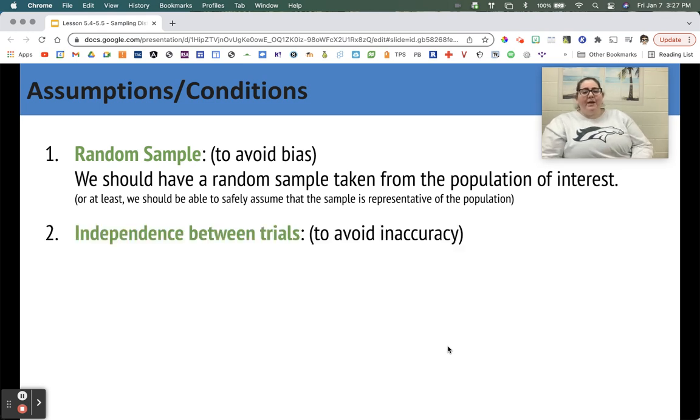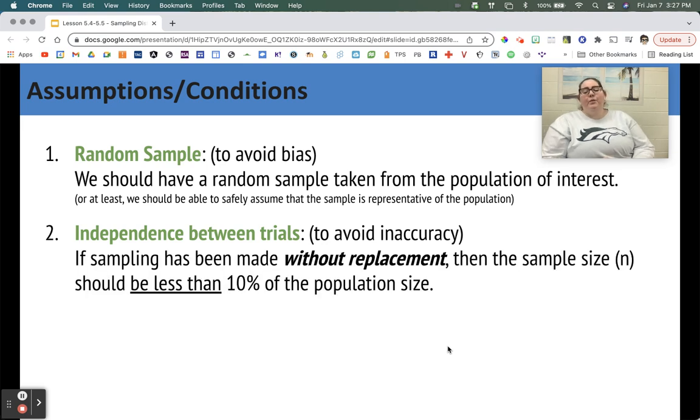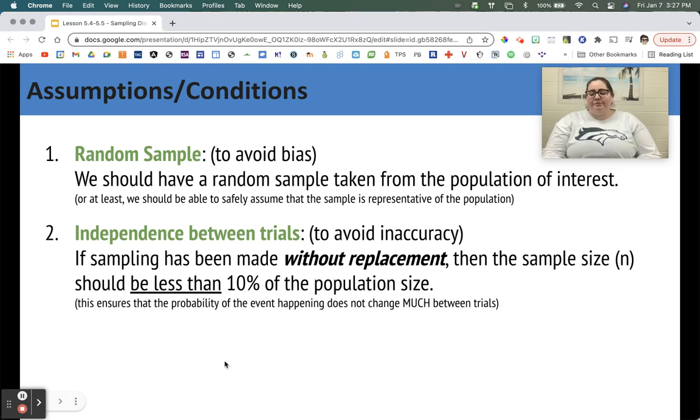The second is that we have independence between trials, meaning that if we are sampling without replacement, the sample size is less than 10% of the population size. We've talked about this a couple times before. This is just making sure that as I'm picking my sample from my population, the proportion that we're dealing with doesn't change too much from one sample to the next. So sample size has to be less than 10% of the population.